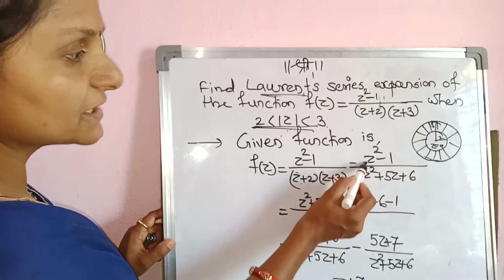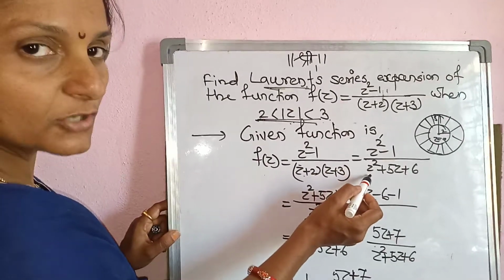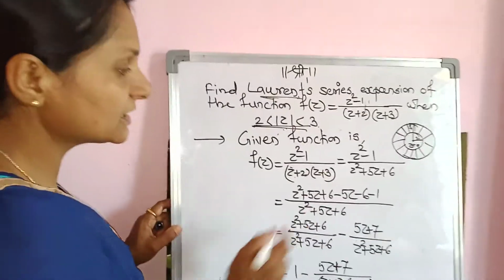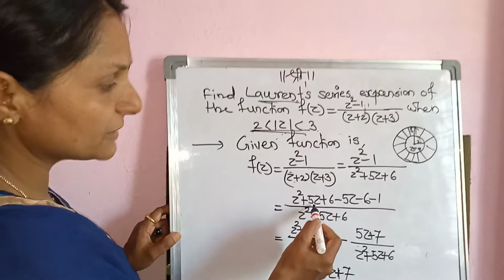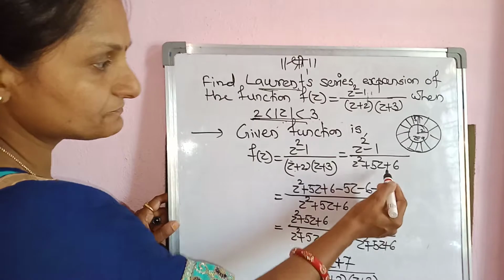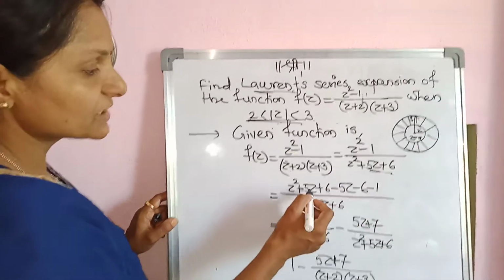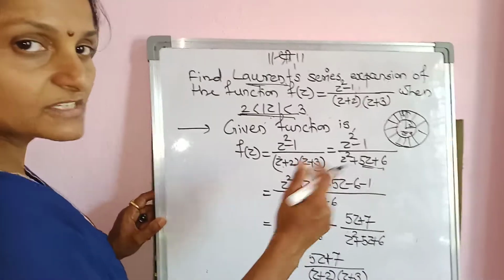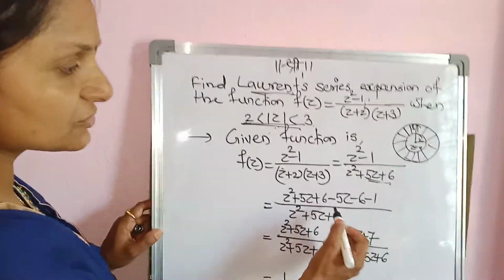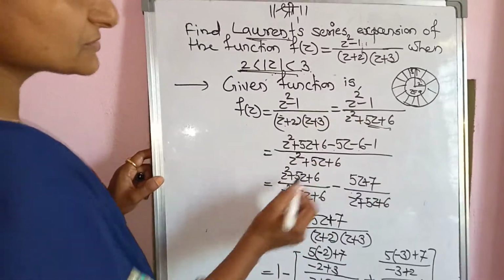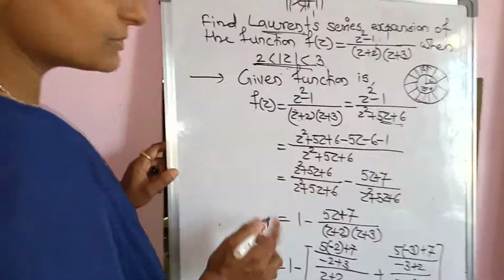Here the degree of numerator and denominator are both the same. So I will adjust the numerator to get z square plus 5z plus 6, adding the denominator terms, and I will subtract the same so that there is no change in the original function: minus 5z minus 6 minus 1. The denominator stays as it is.